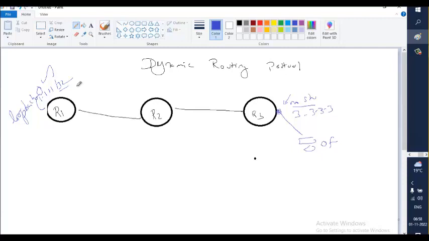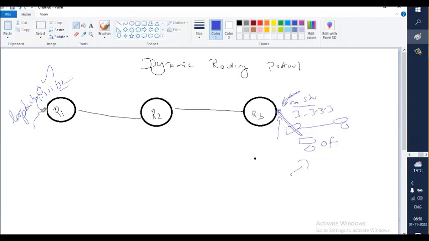We don't have a physical link here. Only when I have a physical port and connect a physical wire, I need more than one IP address. One IP address on this interface, one IP address on that, and if I connect a switch and connect more computers, then more IP addresses.